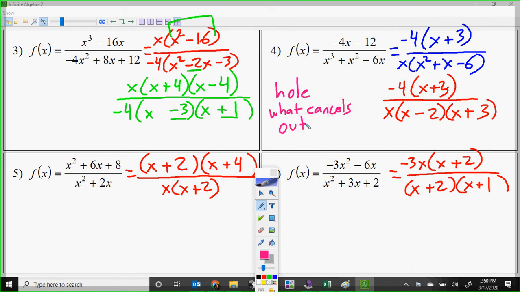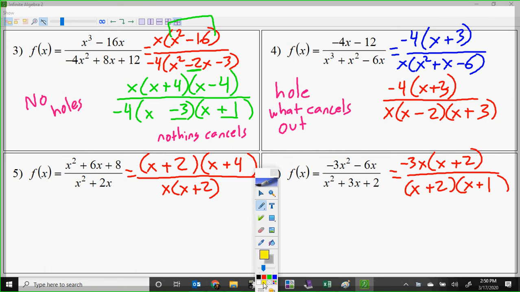If I look at number 3, I see nothing cancels out. If nothing cancels out, that means there are no holes in this graph. Okay, simple enough.